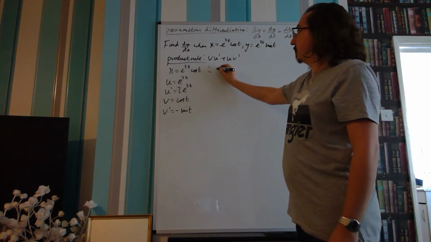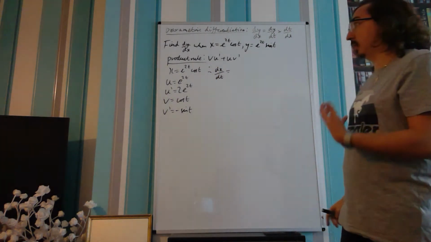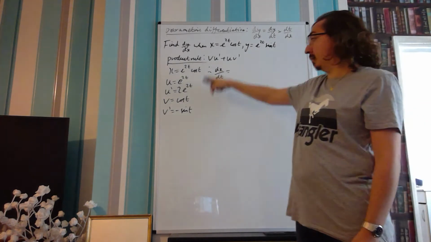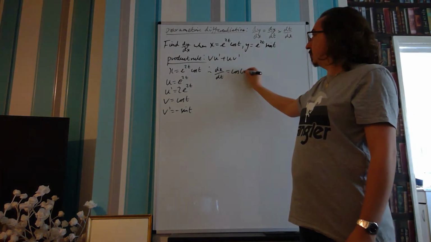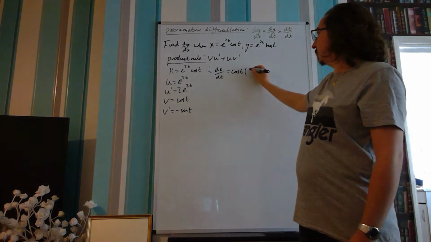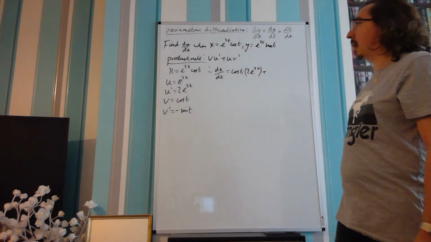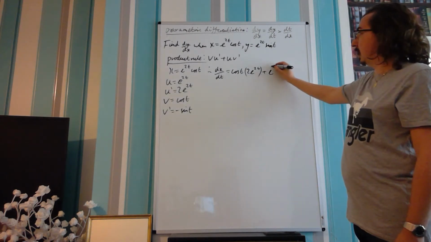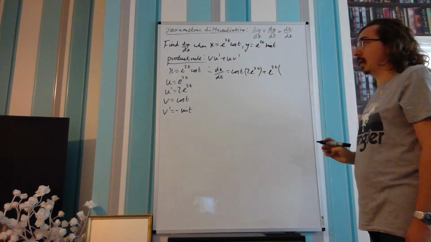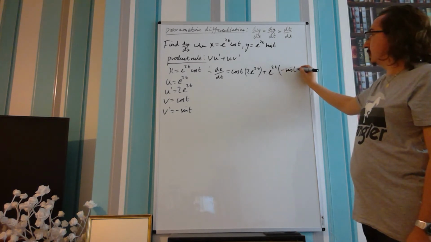So therefore, for this one, we can say that dx by dt is equal to, we can substitute in our four parts, our v, which is cos t, times our u dashed, which is 2e to the 2t, plus our u, which is e to the 2t, times our v dashed, which is minus sin t.